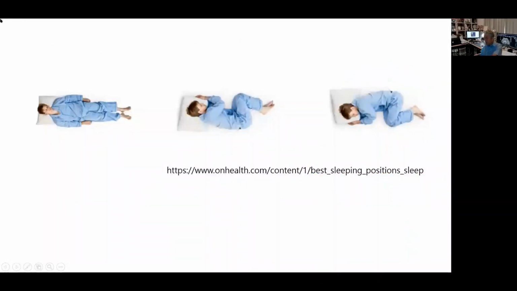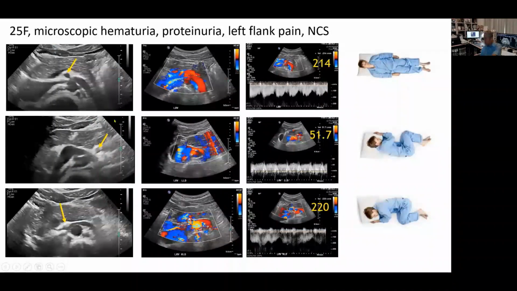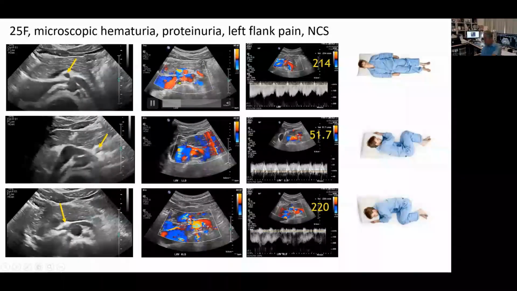Now I would like to talk about the postural variations of the Nutcracker phenomenon. A 25-year-old woman with microscopic hematuria, proteinuria, and left flank pain due to Nutcracker syndrome. In supine position, typical type 1 Nutcracker phenomenon with flow jetting from the narrow aortomesenteric left renal vein.